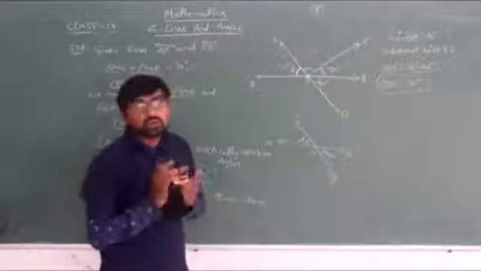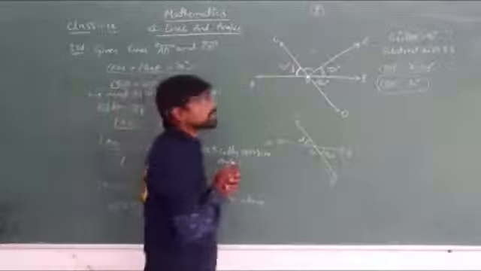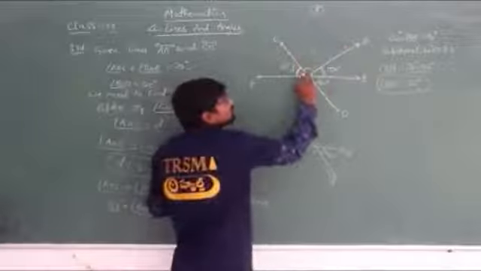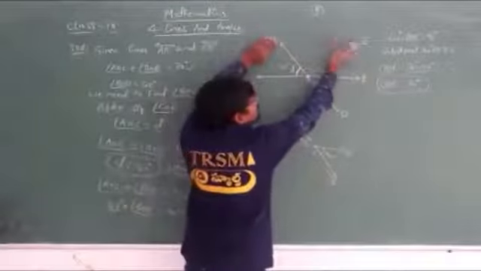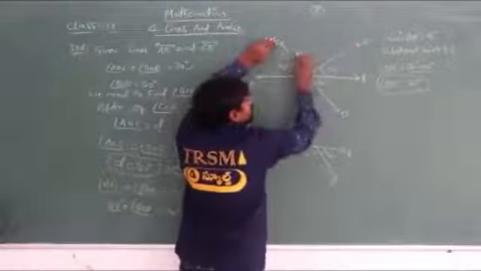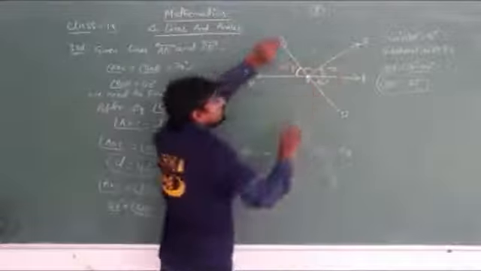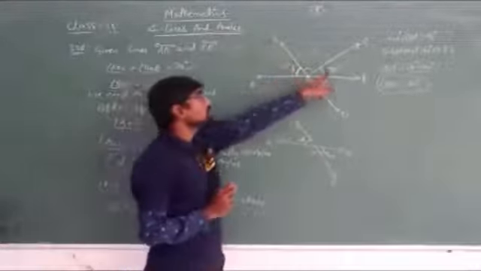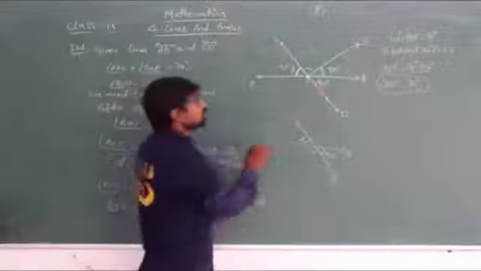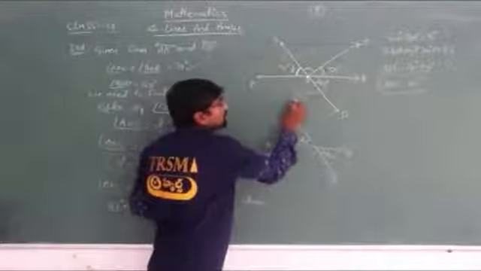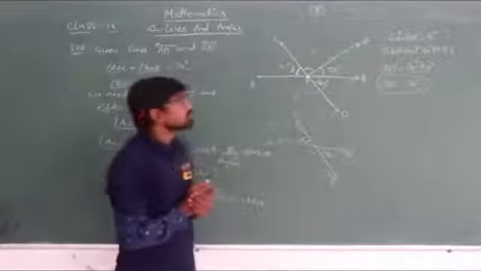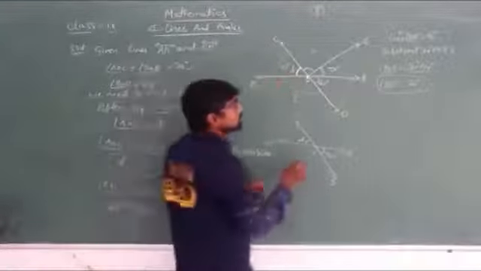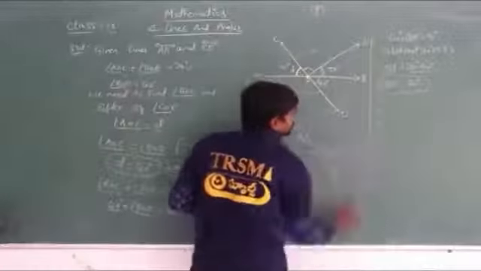Now what I need to find is the reflex angle of COE. It means that the reflex angle is more than 180, so we have to remove this and find all this value. How can you find it? Here we know 40, here we know 30, here we know 40, but what about this? We don't know this angle, isn't it? What is the reflex angle of COE?